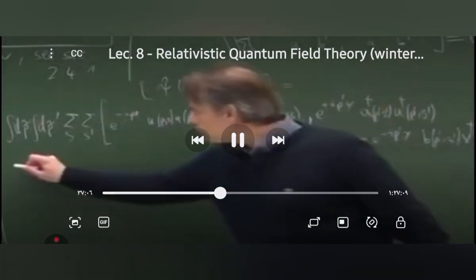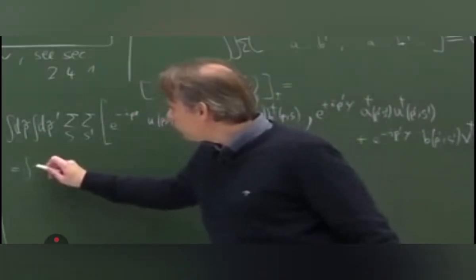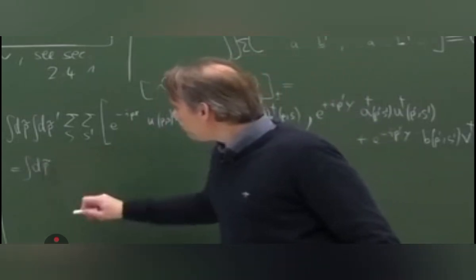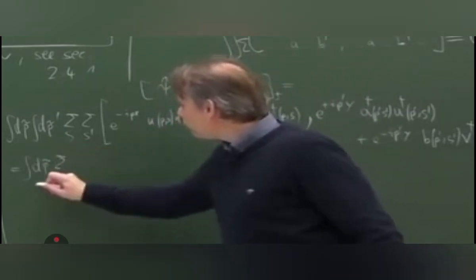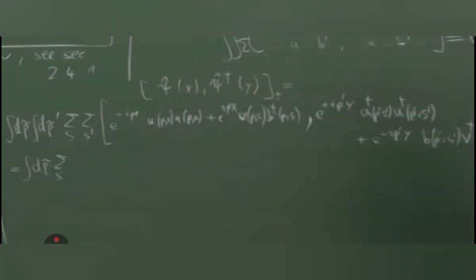So no matter whether we have fermions or bosons, we can always apply the commutator in this order. So okay, and then we have all these integrals, dp tilde, sum over s. Should we go one more step, or do you want to do it at home? So one more step, okay.